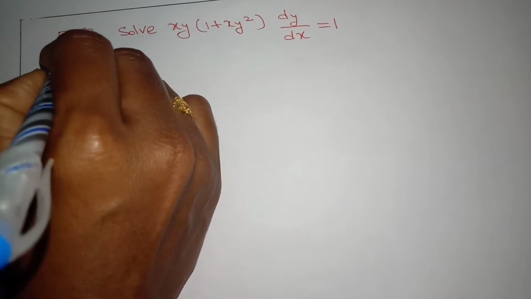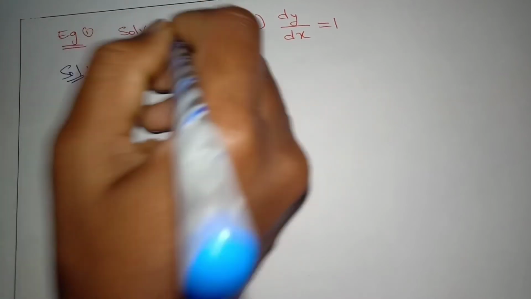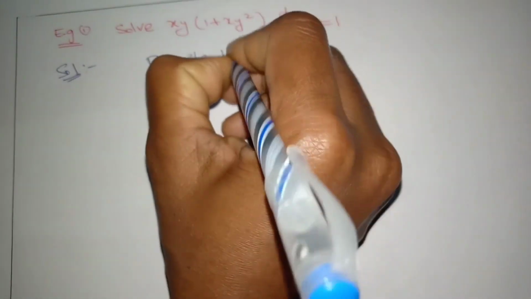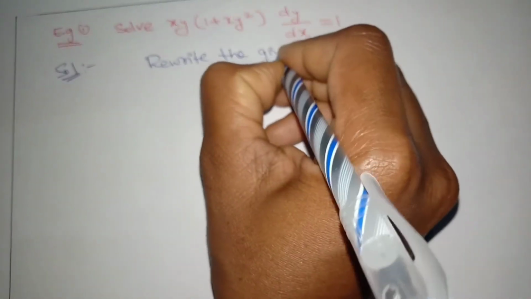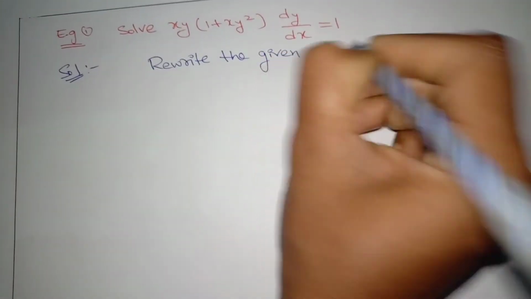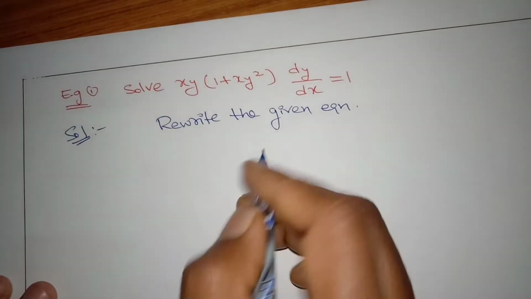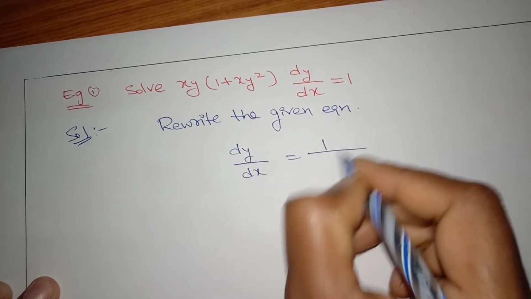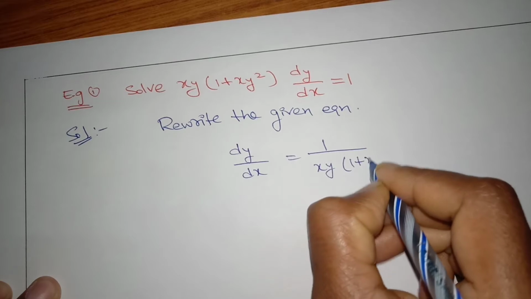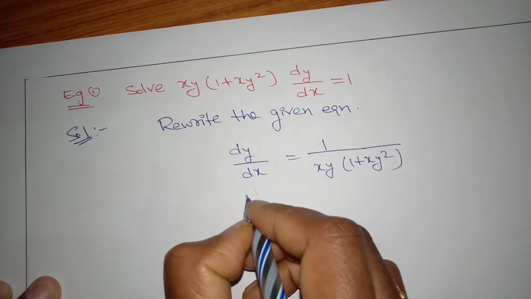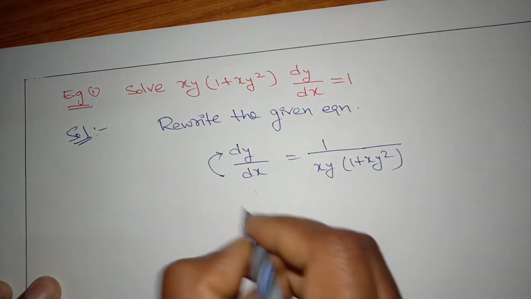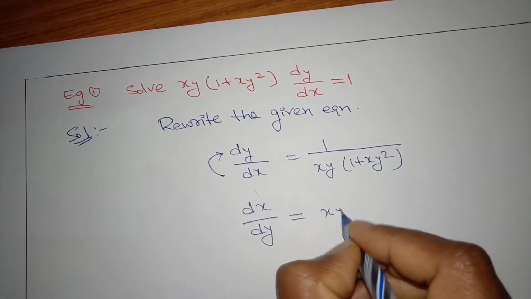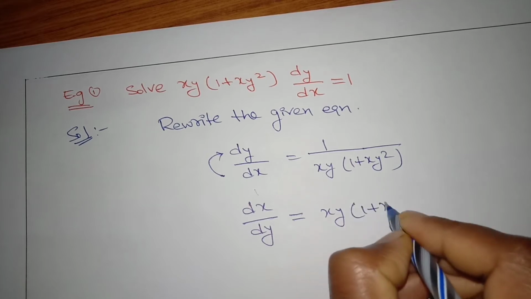Now solution is, rewrite the above equation, rewrite the given equation. Here dy by dx equals to 1 by xy into 1 plus xy square. Now dx by dy equals to xy into 1 plus xy square.